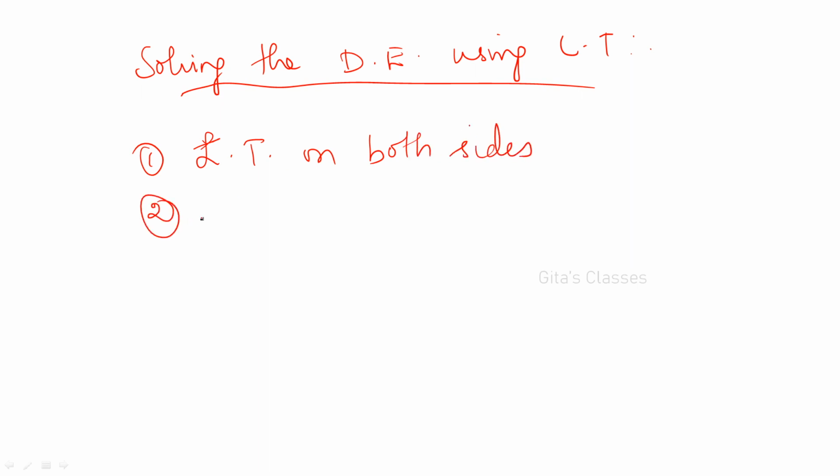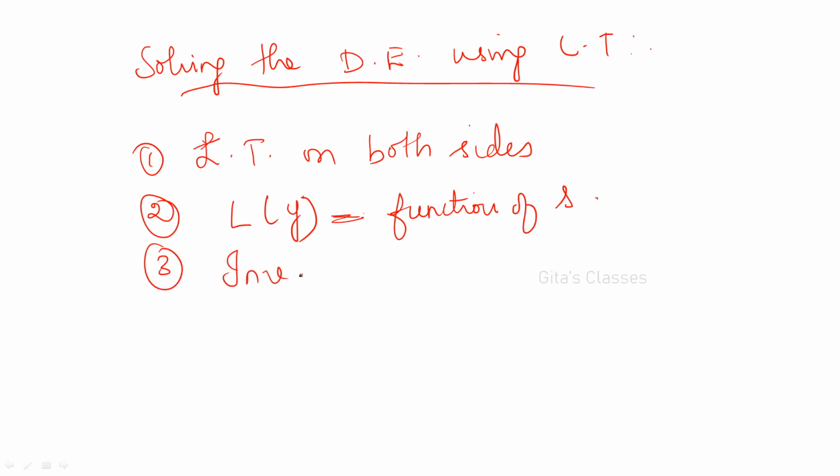The second step is you collect all the terms of L of y, the Laplace transform of y, equal to a function of s. You have to write it as a function of s. All the remaining functions you bring to the right hand side. Then take the inverse Laplace transform. That is why you have to be thorough with the Laplace transform and inverse Laplace transform to solve the differential equation.